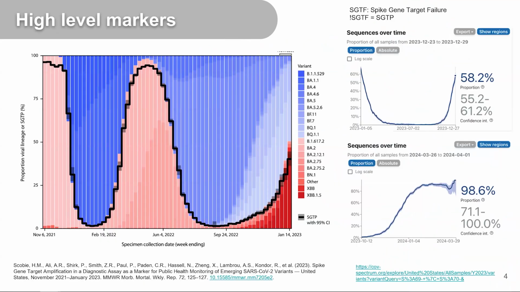All right, high level markers. So this is a binary classification system right here, SGTF, the spike gene target failure. And in conversations previously, people said, well, it's just an artifact of a PCR primer. Well, it's one that keeps showing up on a regular basis, interestingly pointed out in this MMWR paper.